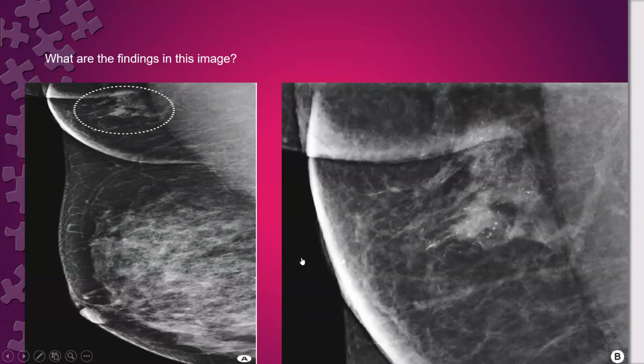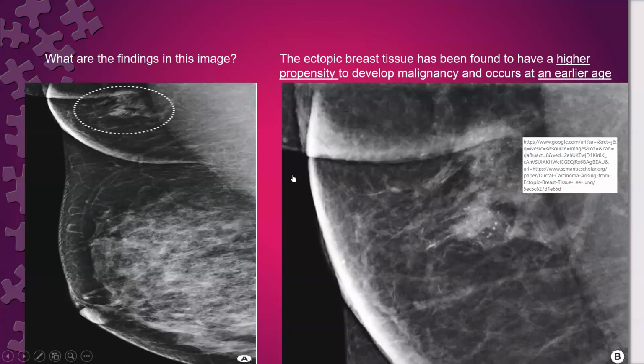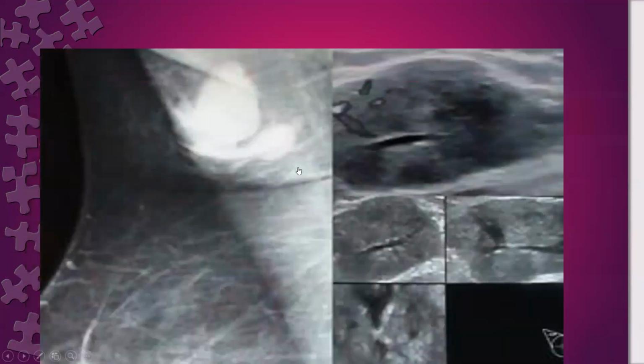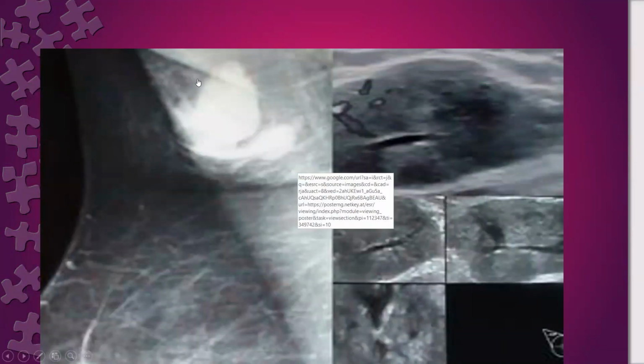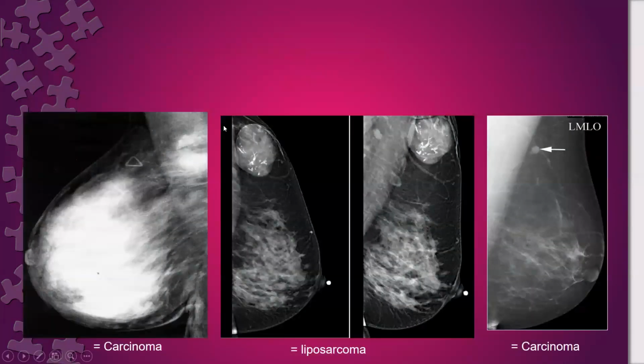There is a cancer presenting as suspicious calcification in ectopic breast. This is ectopic breast cancer; they have a propensity to develop malignancy and occur at an earlier age. And this is an ectopic breast having this irregular mass seen on ultrasound due to breast cancer.